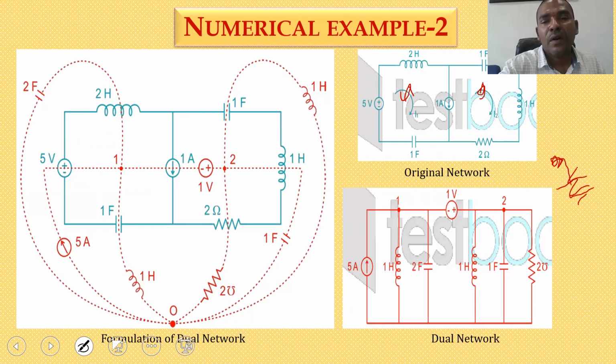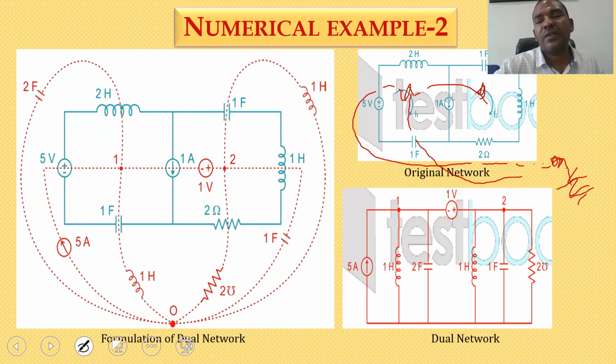The voltage source I have to connect like this. The current source between the loop nodes you have to connect like this. The capacitor I have to take like this, the resistor like this, the inductor like this, the capacitor like this, and the inductor like this.